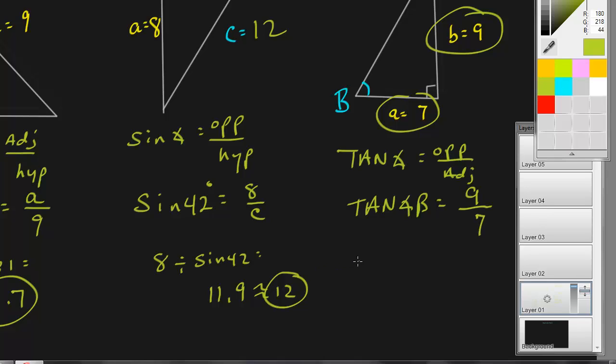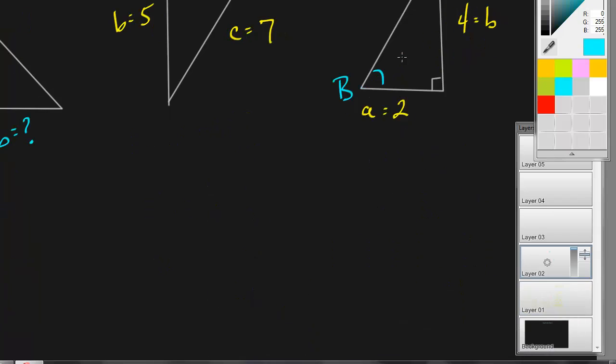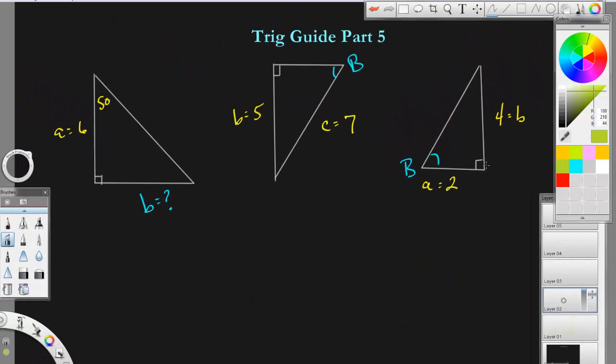So the way you would do this one is you would type in second tangent 9 divided by 7 equals, and it's about 52.1 degrees. I'll pause this. I'll set 3 more up here in a second. Okay, let's finish this up.